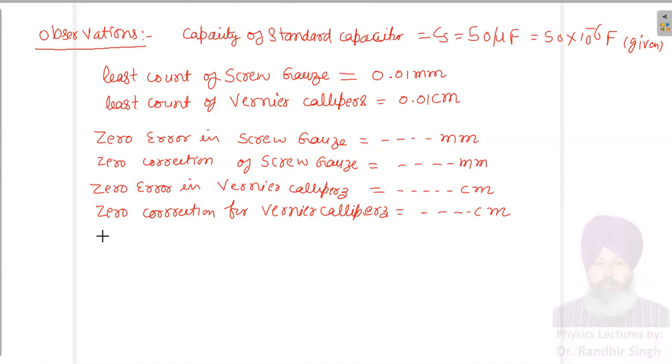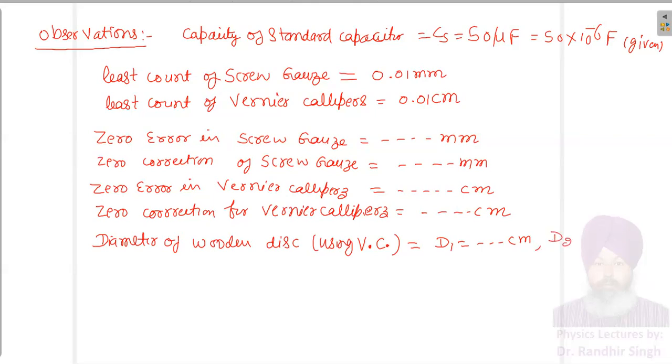Then we will find what is the diameter of wooden disc using vernier calipers. I will find its value to be, let us say, D1. What is the diameter at the first place? It will be in centimeter.